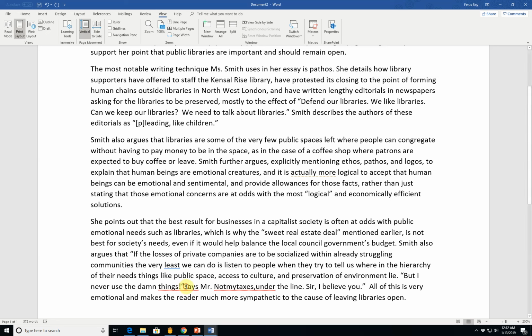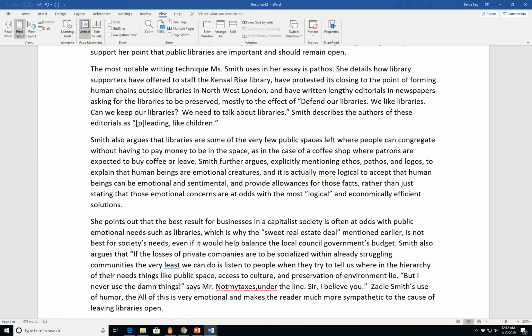Says Mr. Not My Taxes. Zadie Smith's use of humor at the end, anti-library editorial writer, well, let's just say of a library opponent.